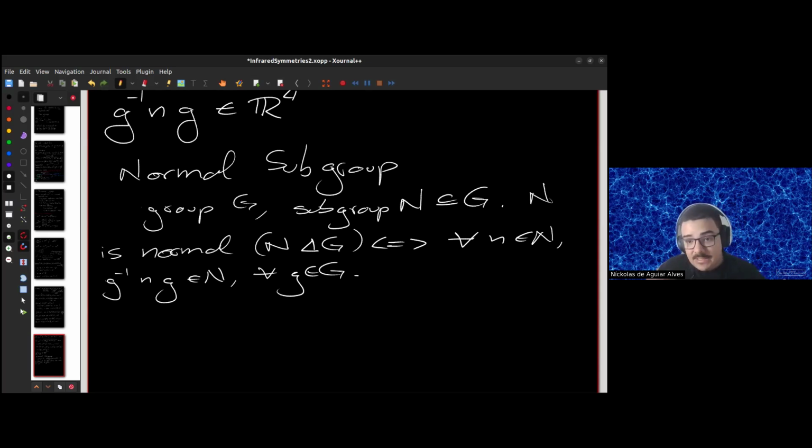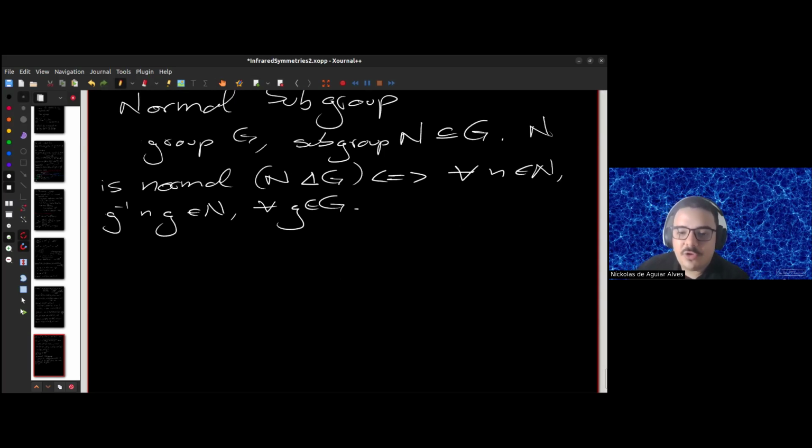So I can pick any element inside the normal subgroup, make a conjugation, and I will not leave the normal subgroup. Again, this might sound silly and like a very abstract definition. So why is this interesting or important? The reason is that normal subgroups are very fundamental in group theory. You see, a construction that you have in many branches of mathematics is what we call a quotient structure.